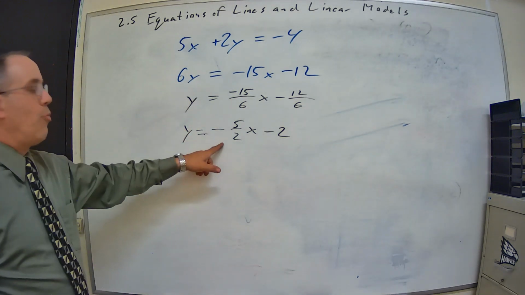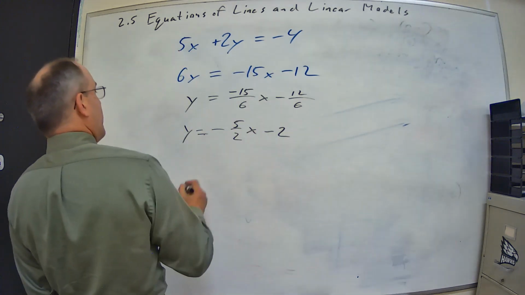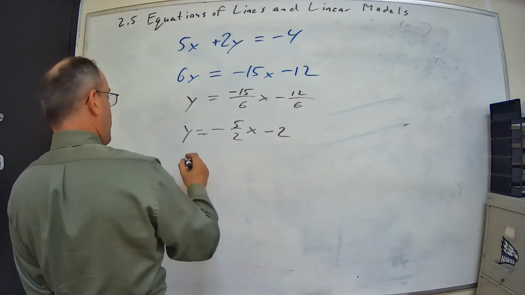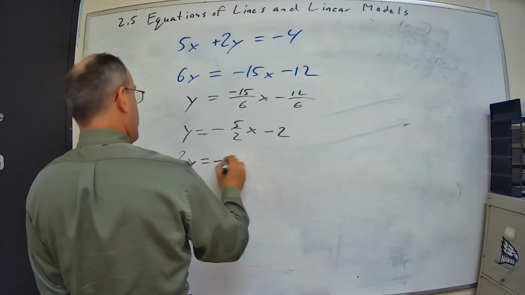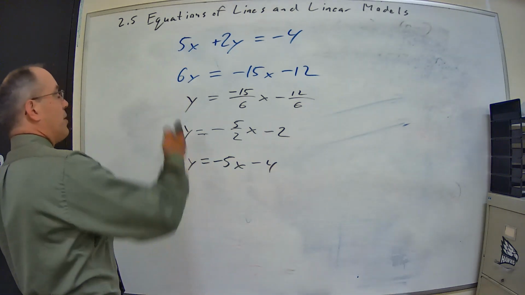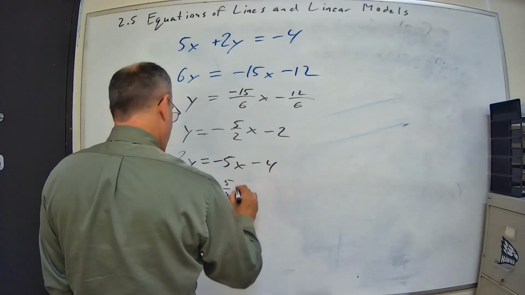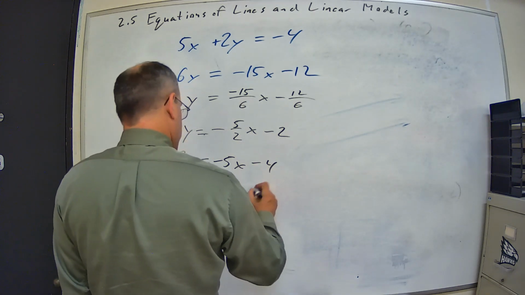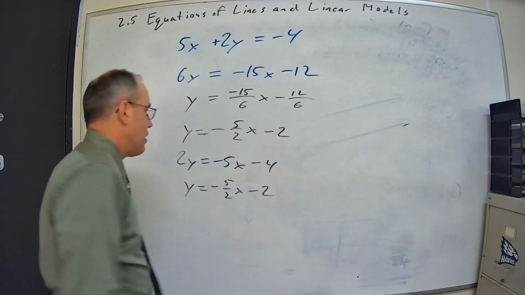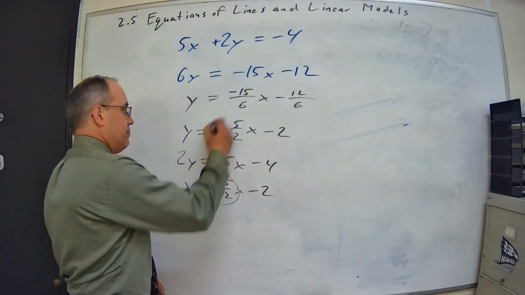So I have a slope of negative 5 halves. And if I take this one here, I'm going to move this over to the other side. I'm going to make it 2y is equal to negative 5x minus 4. I'm going to divide by 2. y is equal to negative 5 halves x minus 2. And I find the slopes are the same.